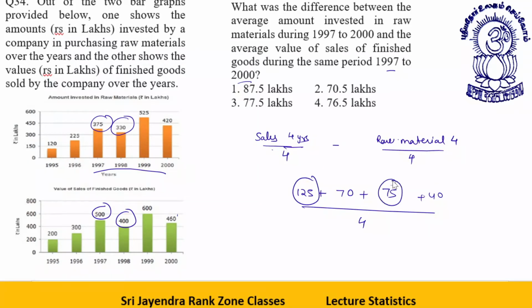This plus this is 200, 240, 310. This is equal to 310 divided by 4. That is 280 plus 30 divided by 4. 70 plus 30 by 4, 77.5 lakhs. So easily done your question. Okay, my dear students, I hope this is clear to everyone. You can have a glance at this before I proceed further. Okay, dear students.